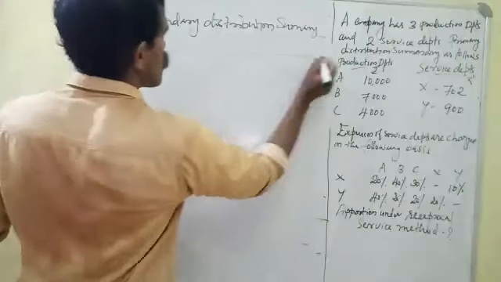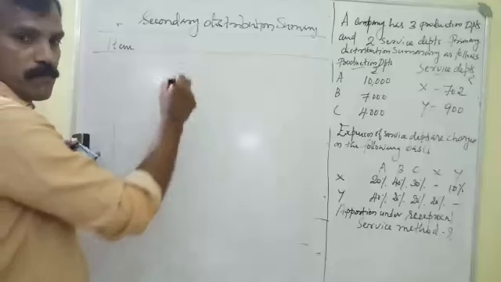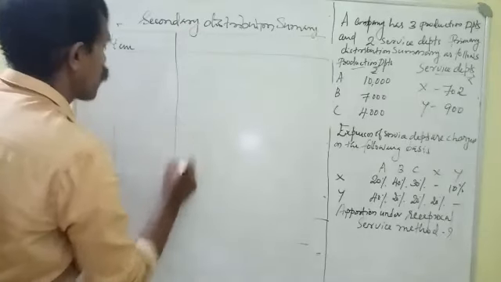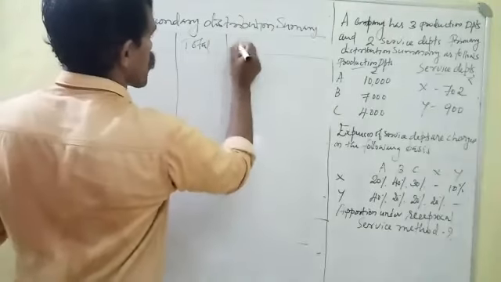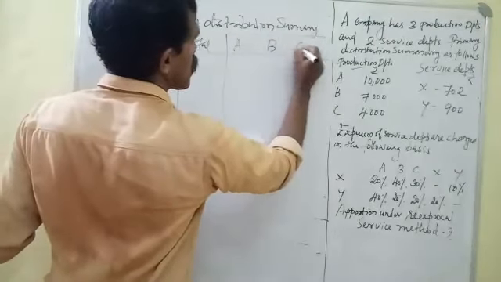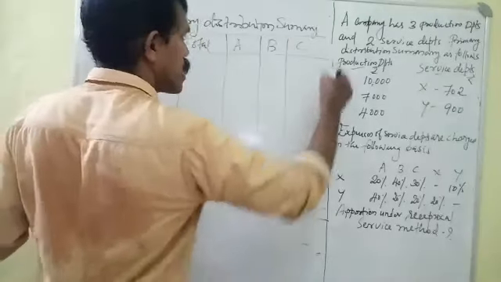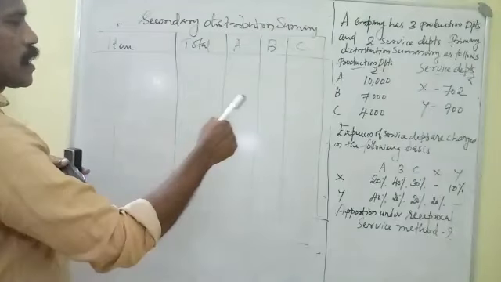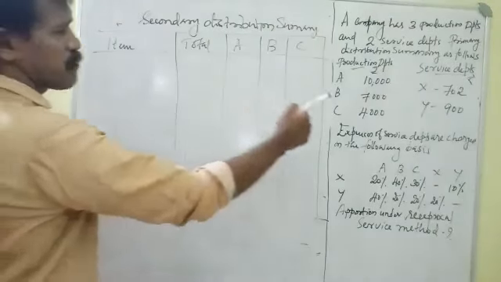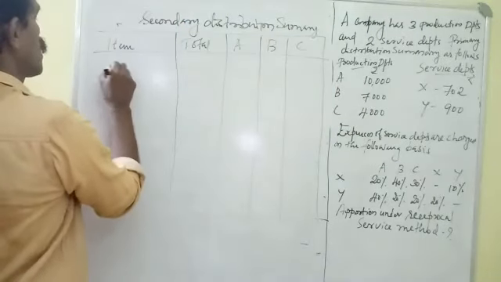Here we have firstly an item column, then one total column, then three production departments, A, B and C, three columns. Then we start from our primary distribution.